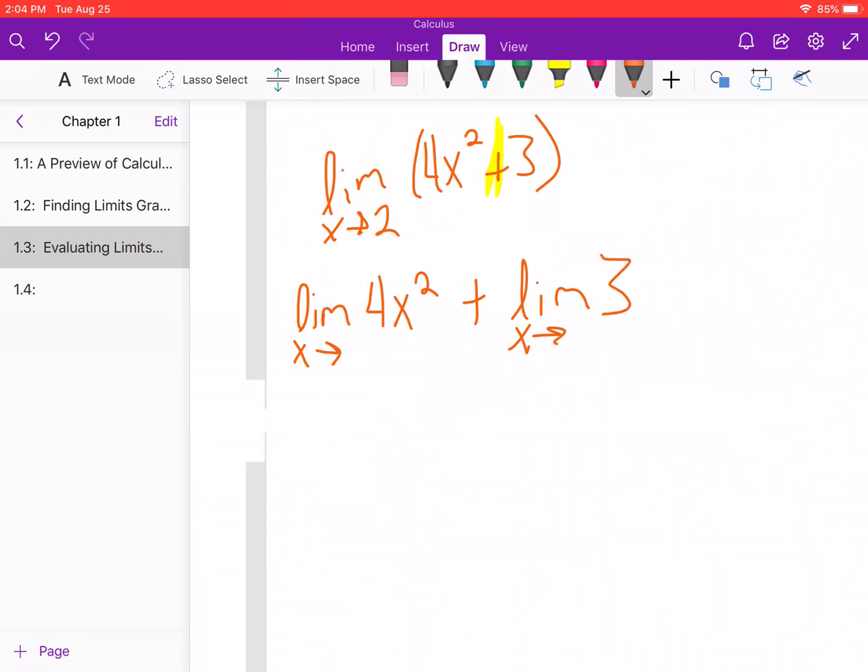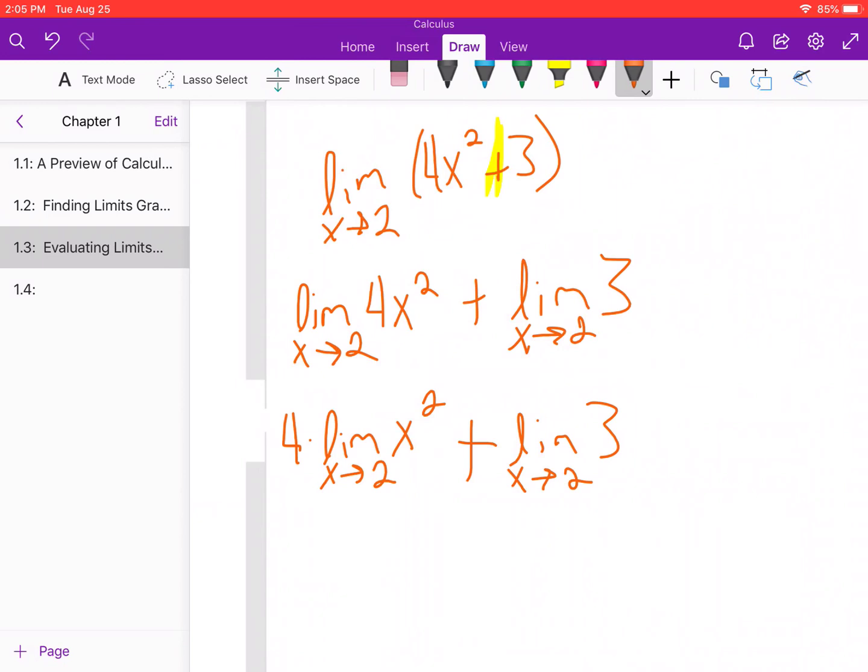All right, this first limit, we can split that one up even more. So I'm going to use the constant rule. Fill in those 2's there. So this 4, I'm going to take and put out front. So 4 times the limit as x approaches 2 of x squared plus the limit as x approaches 2 of 3.